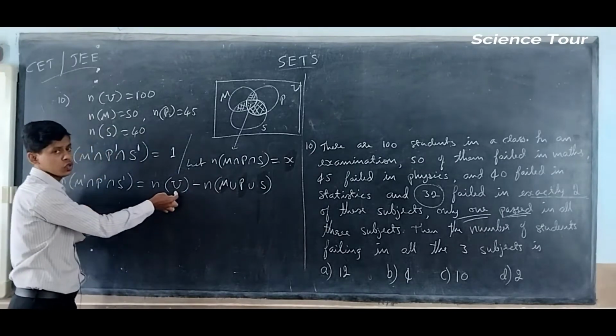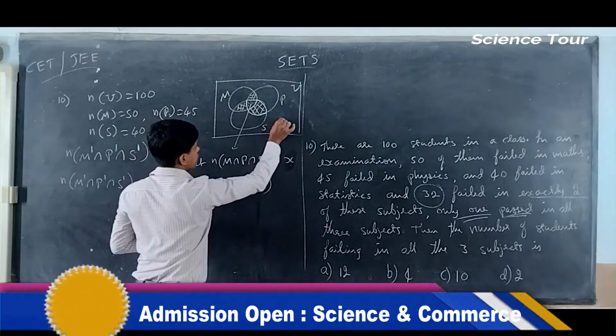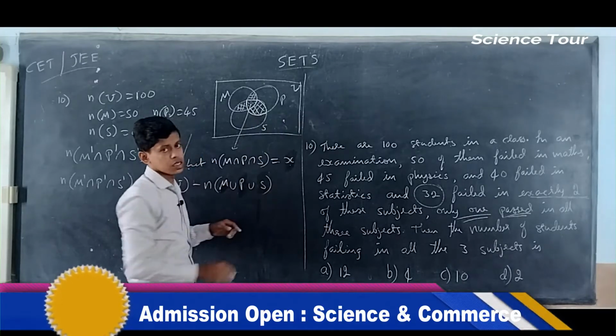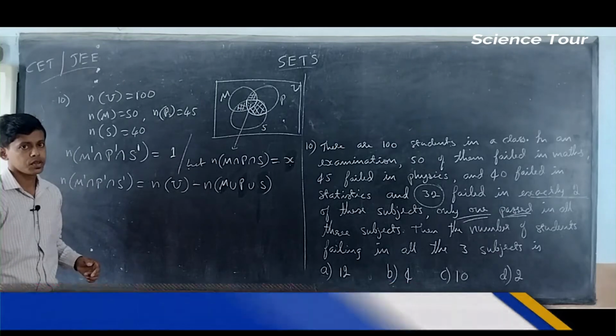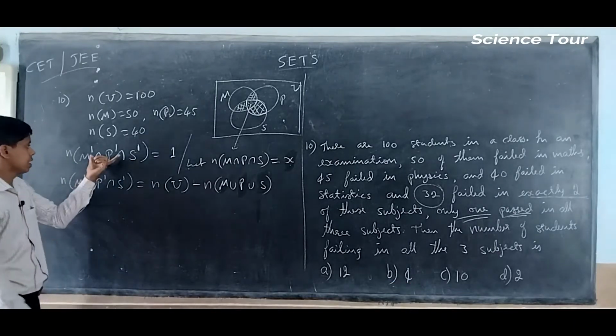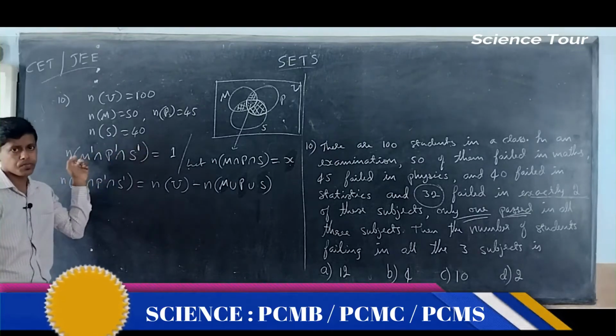What is universal? Universal is the rectangle, and there is one person here who is outside these circles, and that is the intersection of the complements.